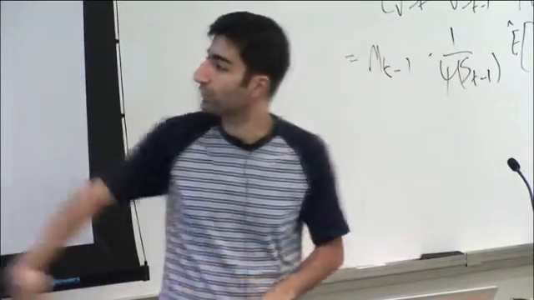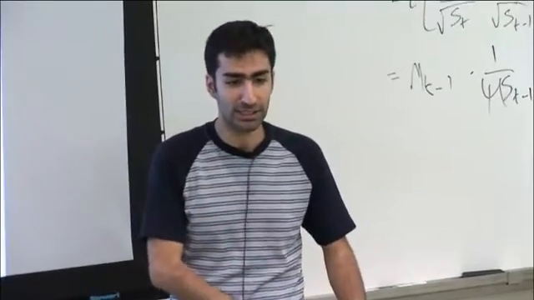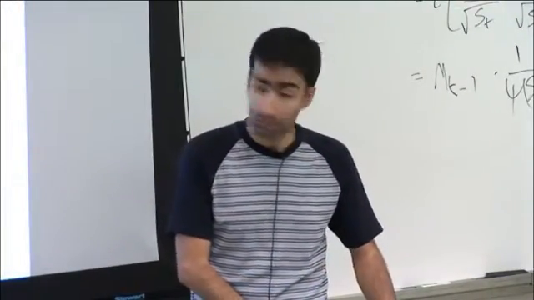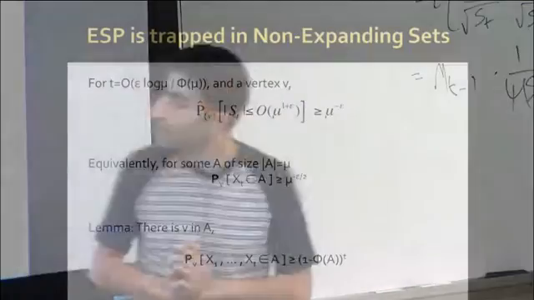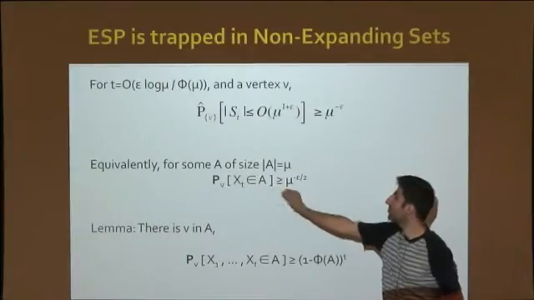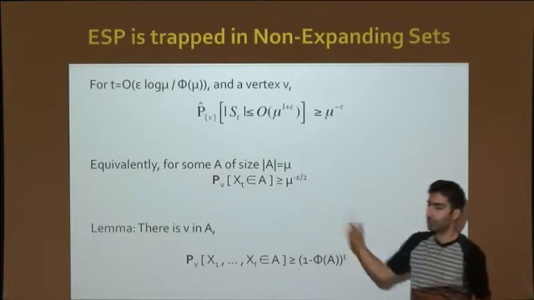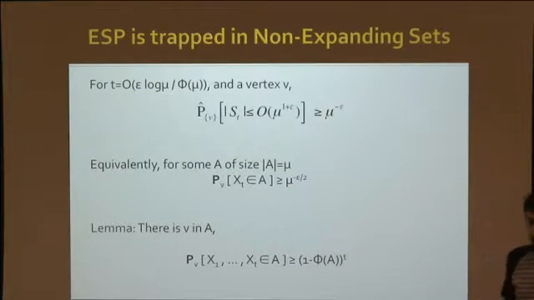So I just need to prove this equation, which is, forget about the evolving set process, just a random walk. I need to prove that there exists some set A, and as you might guess, this set A will be my target set. So I want to prove that for my target set, there exists a vertex such that the walk is going to be in that set after t steps with some probability mu to the minus epsilon.